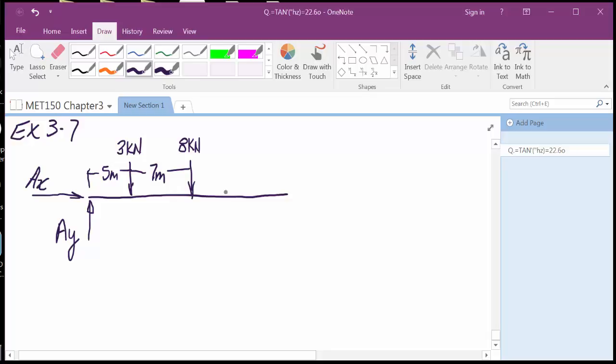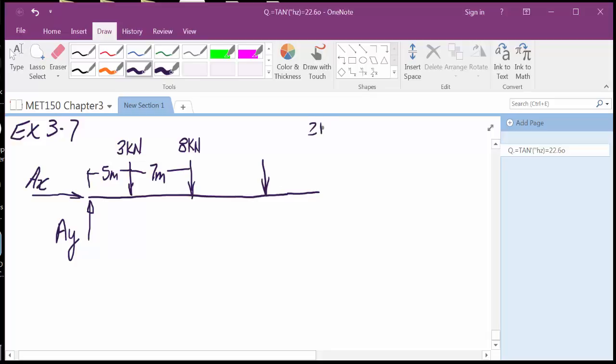And we've got the old ever-dreaded, that's why this one's different, the ever-dreaded evenly distributed load. So we're going to have one force somewhere right here, probably right in the middle of that 14 meters. And it's 2 kilonewtons per meter over 14 meters.